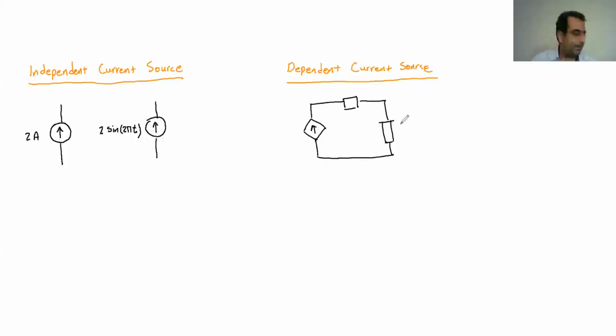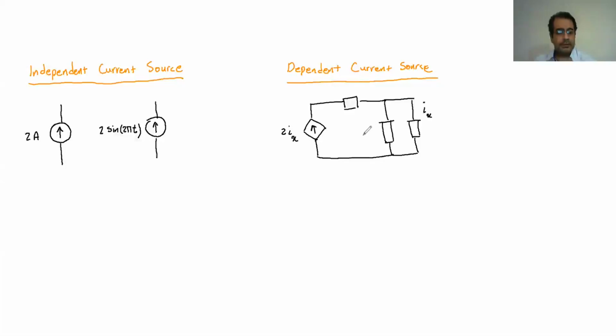Assume the current here is I, and then here you might say, if this is Ix here, I have 2Ix. So whatever current you have here, you might have that current here as well.